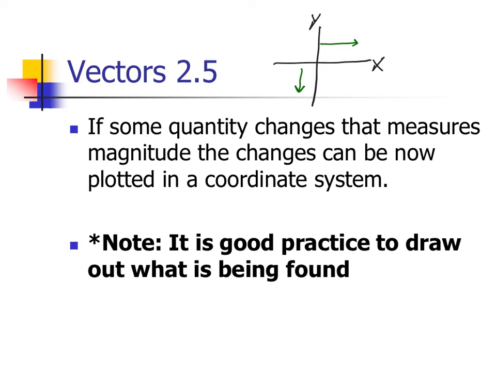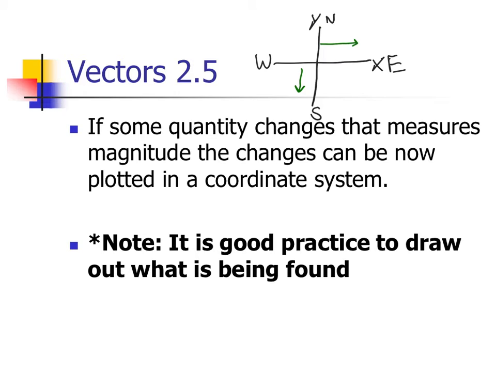Sometimes we can just use, instead of X's and Y's, north, south, east, west. Never eat soggy watermelon. Never eat soggy Wheaties. Never eat sour watermelon. Never eat soggy waffles. However else you want to, there's a lot of different ones out there.